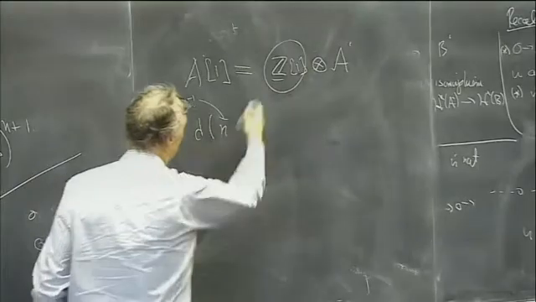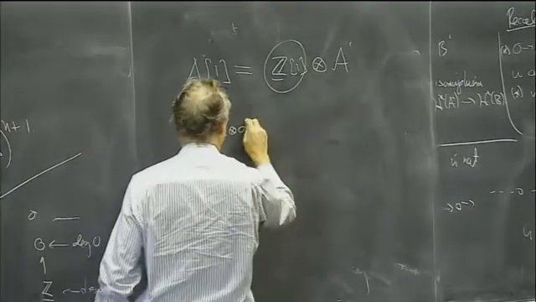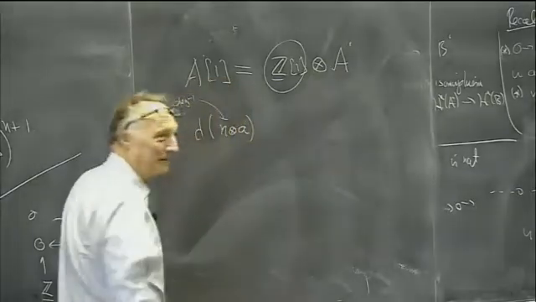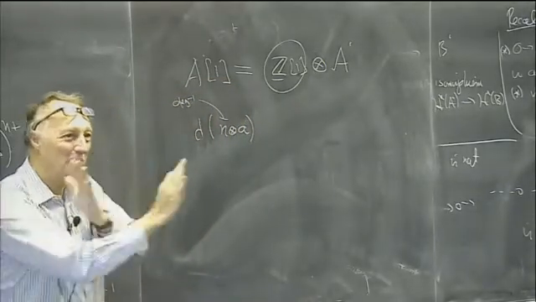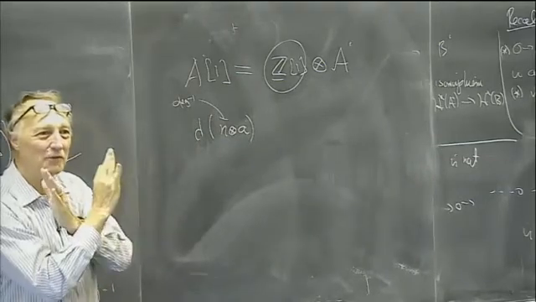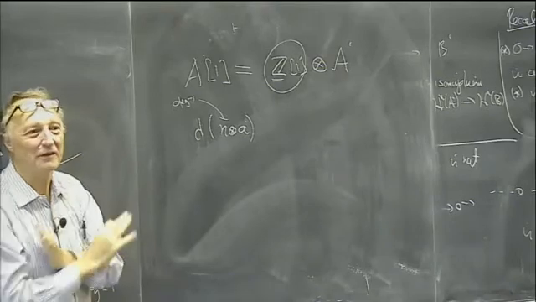A local section, tensor an element here in A. Well, this is like topology. Anytime you permute two things, you introduce a sign which is minus 1 to the product of the degrees.